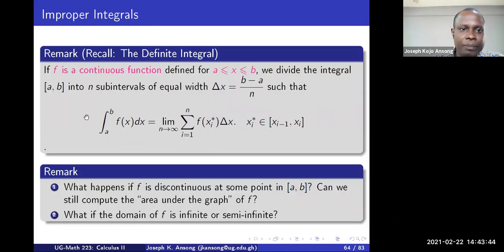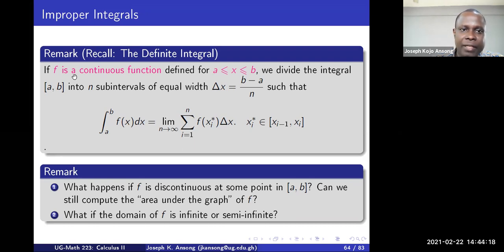Now, if you recall, we defined a definite integral to be this. If f is a continuous function defined on a closed interval like this, then we divide the interval into sub-intervals of equal width, such that the integral from a to b of f of x dx is equal to the limit of this expression.